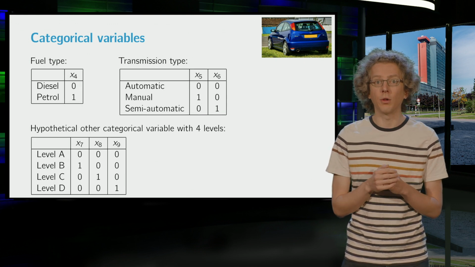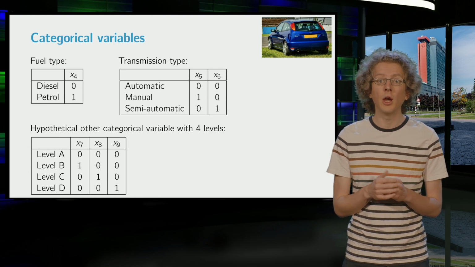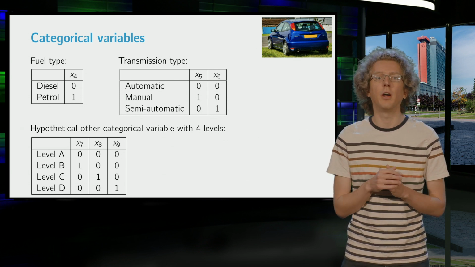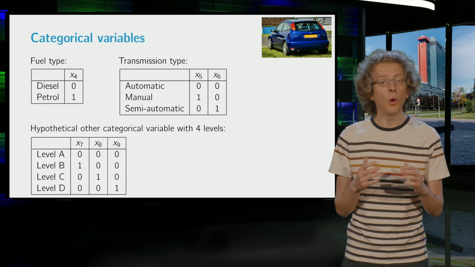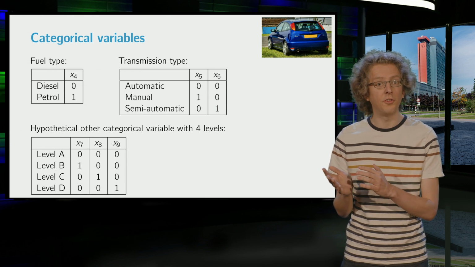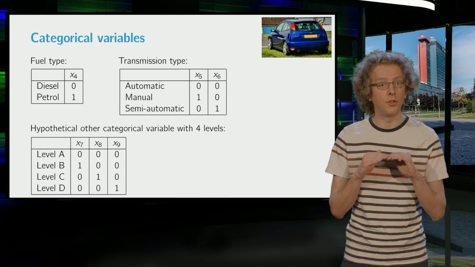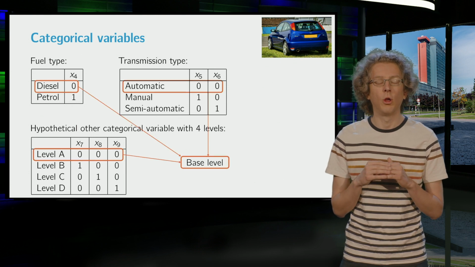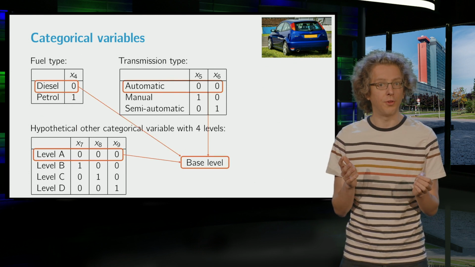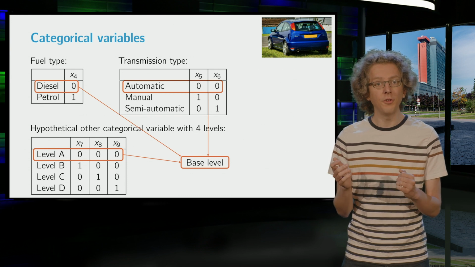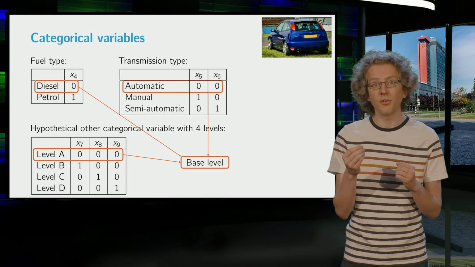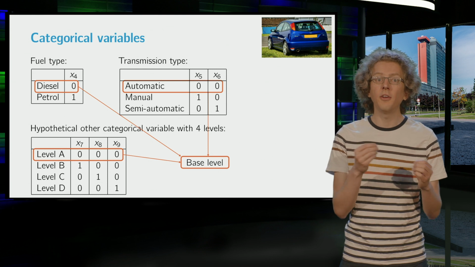So another categorical variable with 4 levels would lead to these 3 dummy variables. One of the levels then corresponds to all these dummies being 0, and this is called the base level. It does not matter which one you choose for this. For each of the other levels, always exactly one of the variables is equal to 1, and the other ones are 0.